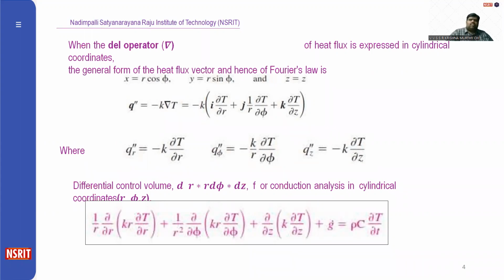The z and phi terms are constant, so we can take them directly. After adding these, I can get 1 by r del by del r of (K_r r dT by dr) plus 1 by r square del square T by del phi square. With respect to your volume, I am taking the entire dr dz d phi as constant, so I can remove it. So this is your generalized heat conduction equation in cylindrical coordinates.